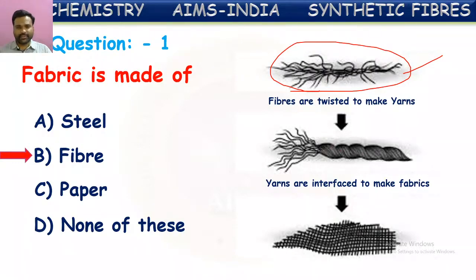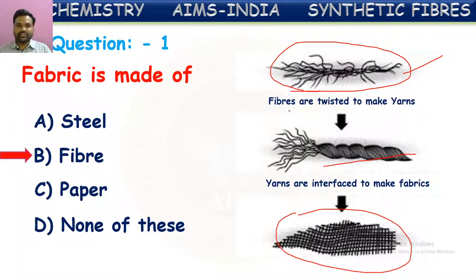When these fibers are many, they are twisted all together, then we get yarn like this. These yarns are interlaced one into the other to make fabric. Based upon this interlacing, inserting one into another, the design of these fabrics is obtained.